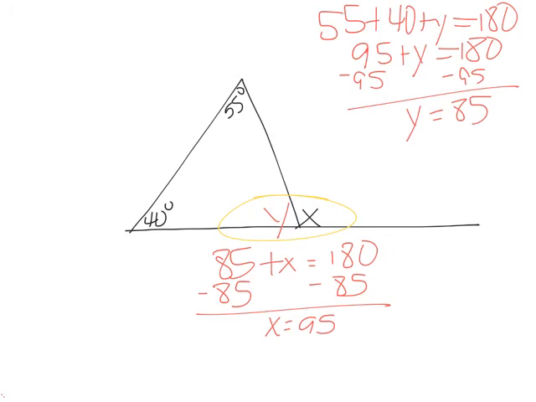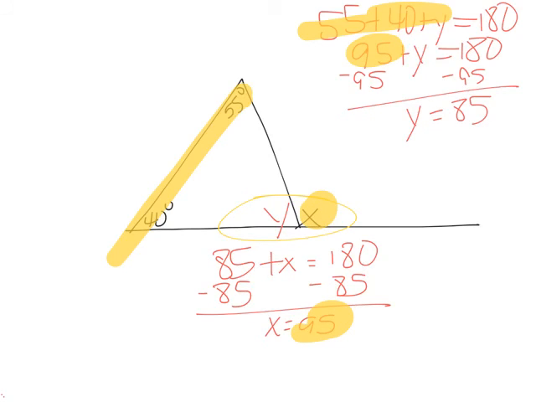Remember what I said? The sum of the two interior angles is always going to be the measure of the exterior angle. The sum of the two interior angles is the same as the measure of the exterior angle. We're going to look at that more on Monday.